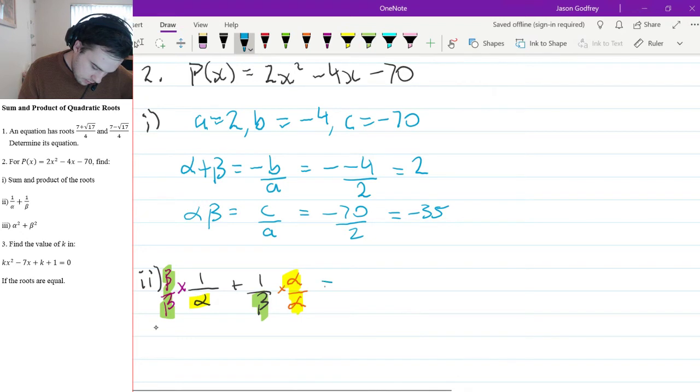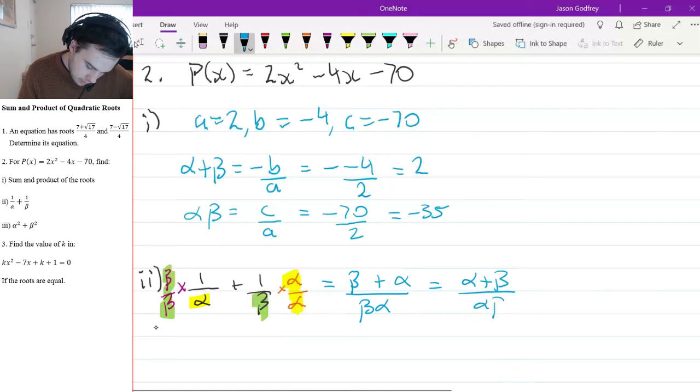So now we get 1 times beta is beta, plus 1 times alpha is alpha, with a common denominator of beta times alpha, and of course order of multiplication we can switch, alpha plus beta, and alpha beta. So now we do see alpha plus beta, the sum of the roots, and alpha beta, the product of the roots.